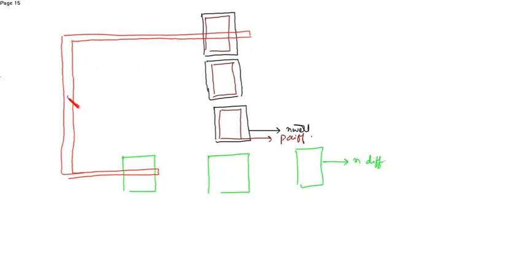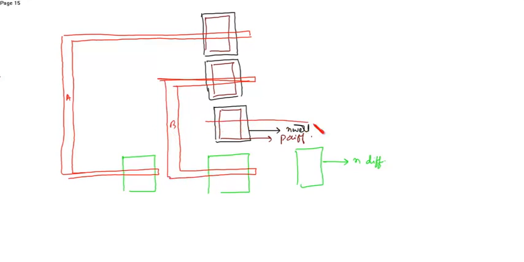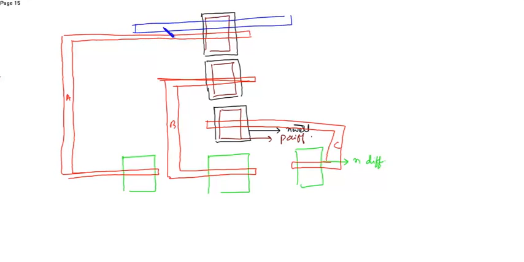This is input A, then from here input B, then this is the third input C. Now you'll connect this to VDD. This is connected to VDD.